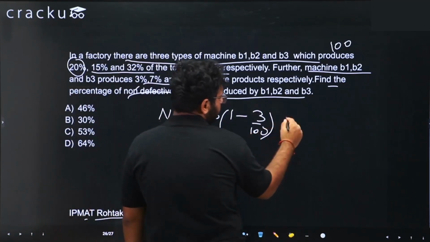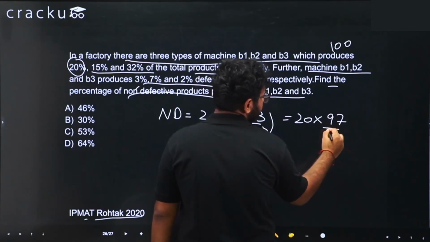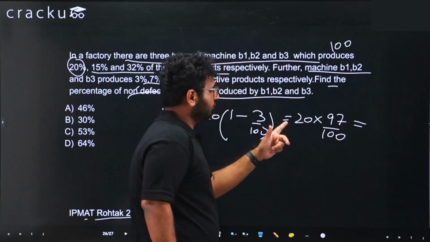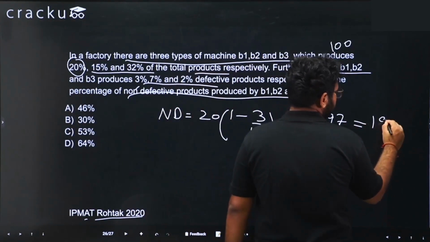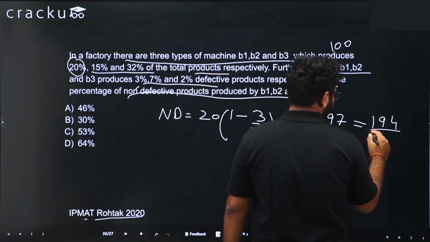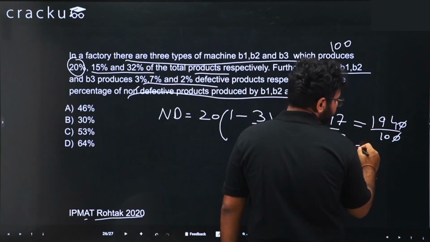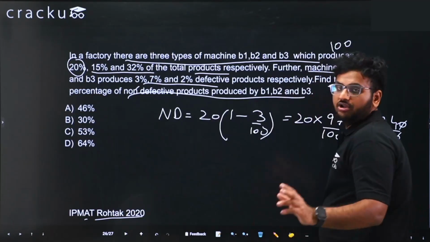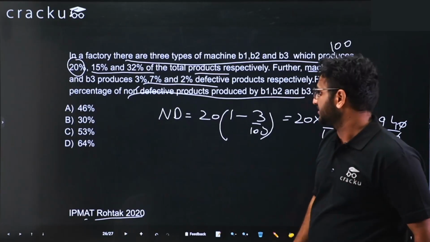So this is 20 into 97 by 100. 7 twos are 14, 9 twos are 18, so 1940 by 100. So 0 gets cancelled out. So this is 19.4. So B1 is producing 19.4 non-defective pieces.